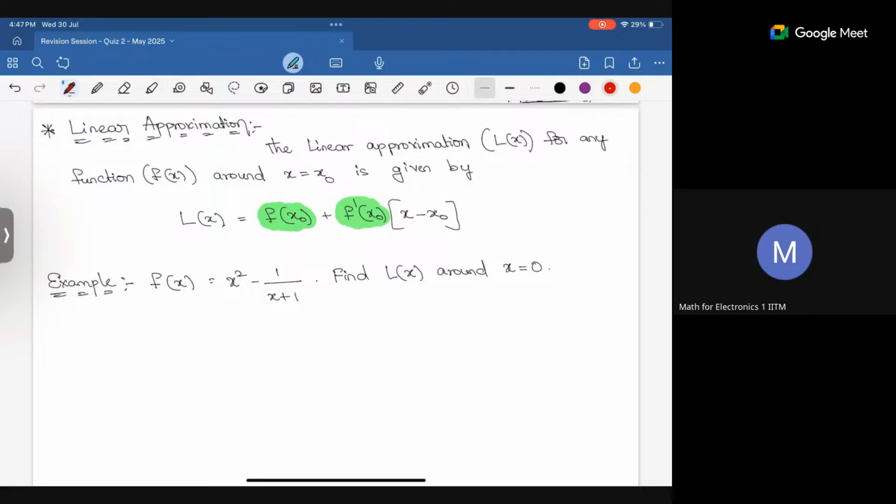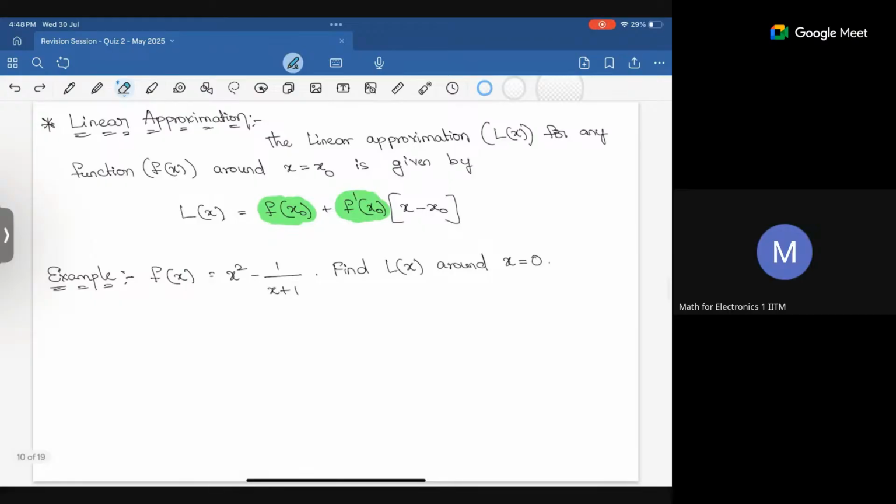At that time, we don't even have calculators. So if you want to compute something like f of 0.1, it takes some time to compute, right? So if we can come up with a linear function around x equals x naught, x equals 0, then it's very easy for us to approximate the value. So for that, we use this approximation.